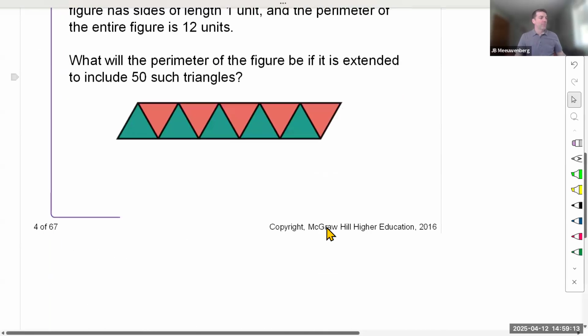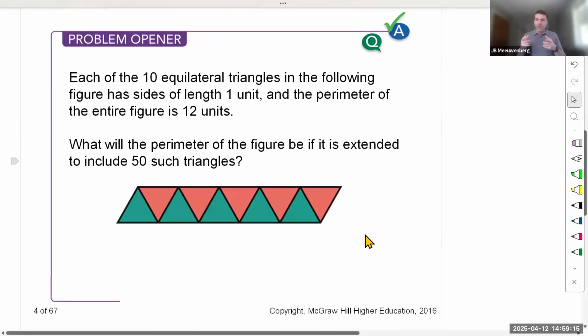But I do have an opening problem for you to do, and we will come back to this at the end of the last video for this section. It says this: each of the 10 equilateral triangles in the following figure has side lengths of 1 unit.